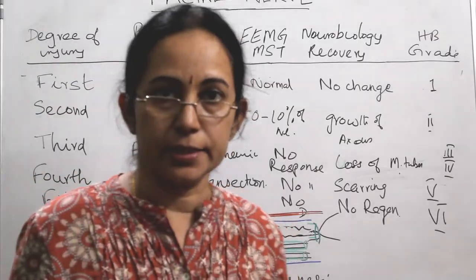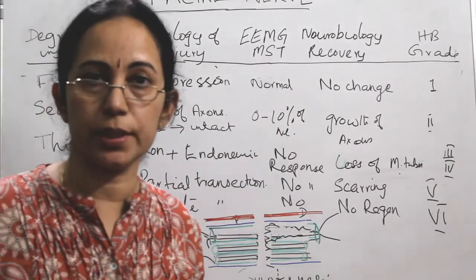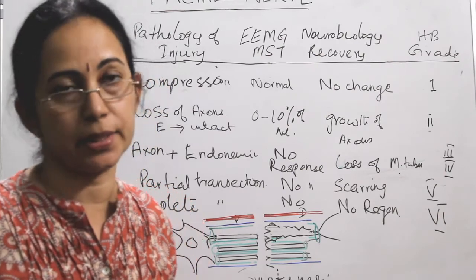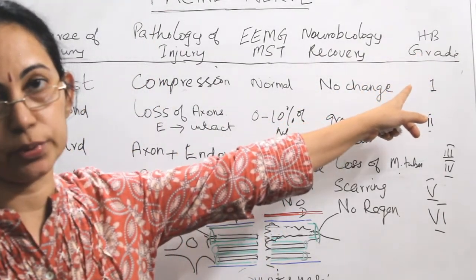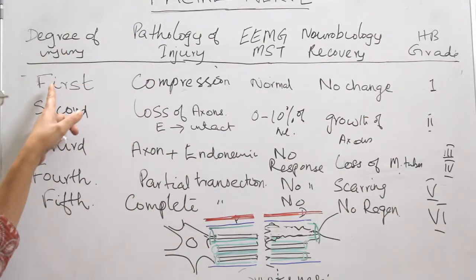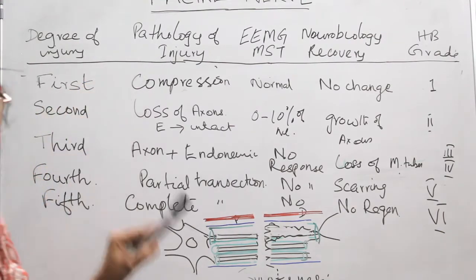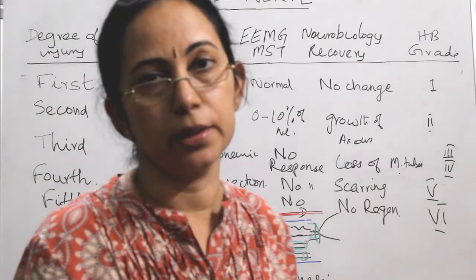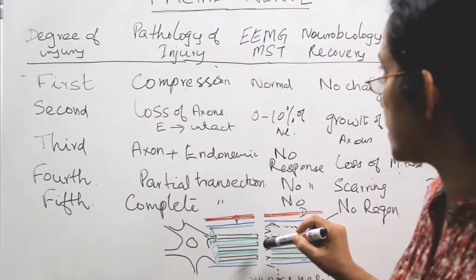Once again, I will explain this. These are the 5 degrees of injury as per Sunderland's classification, and this is the House-Brackmann grading for facial nerve recovery. With the first degree injury, there is only compression of the nerve sheath, compression at the level of axons.